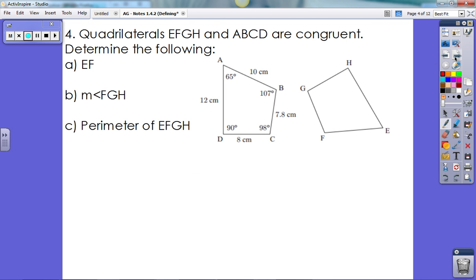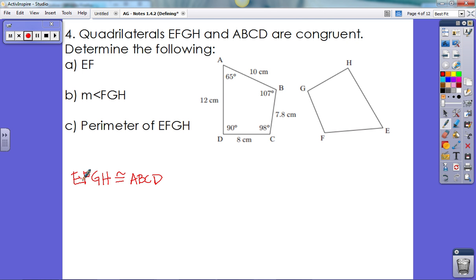Alright, so for this one it gives me two quadrilaterals and asks me to figure out certain measures, and it tells me that they are congruent. One thing to note is the order of the letters. If I have EFGH, and it's telling me that that is congruent to ABCD, then the order of the letters is important.